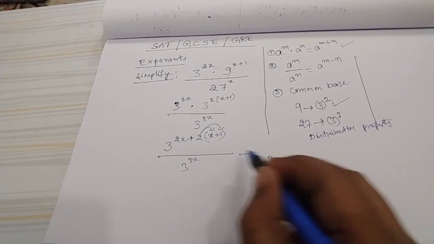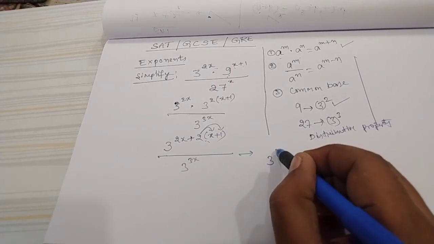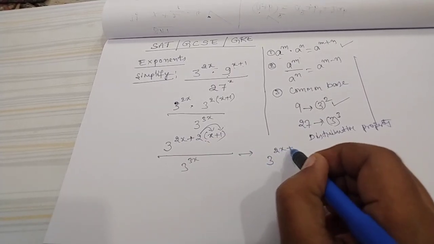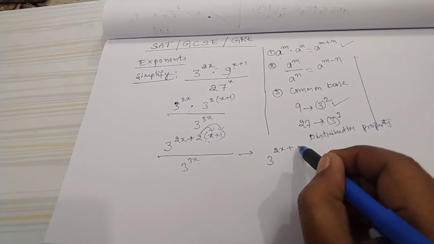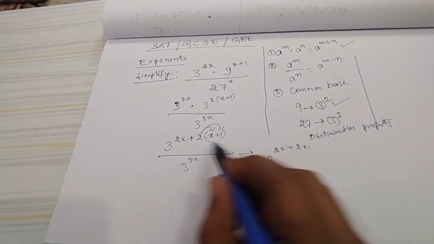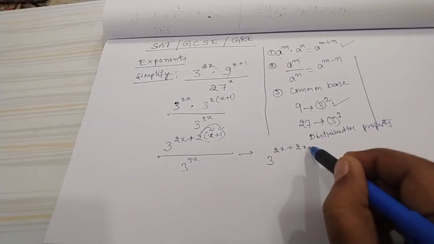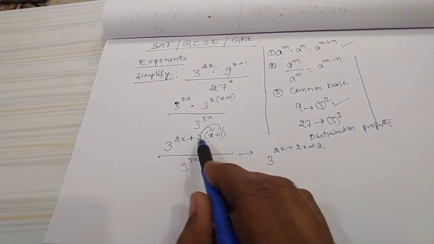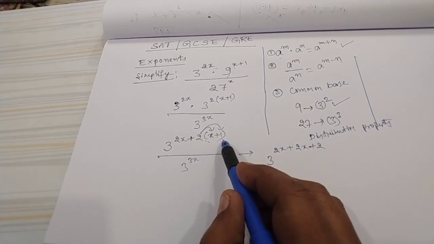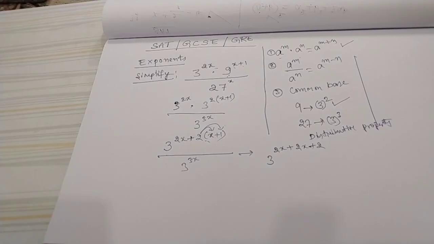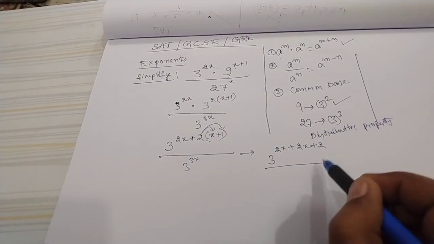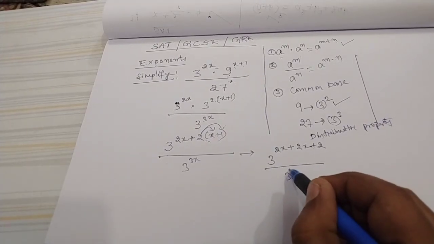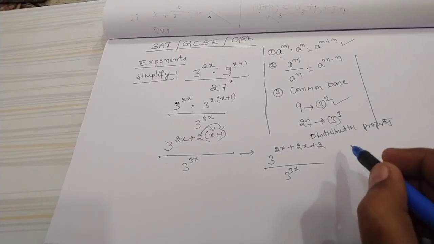So base 3 to the power 2x, plus 2 times x is 2x, plus 2 times 1 is 2. I remove the parentheses, and the denominator is 3 to the power of 3x.